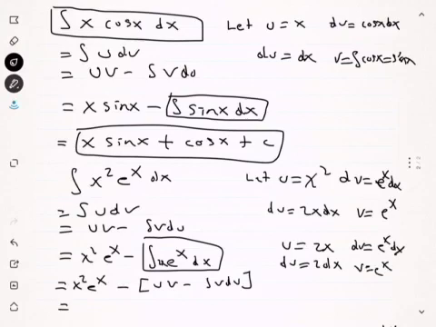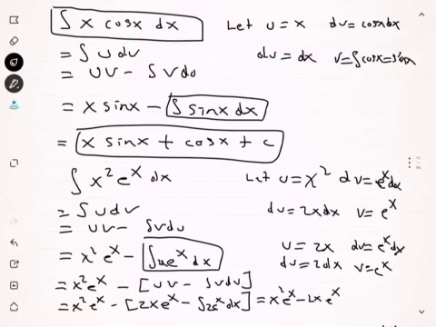So then this will be equal to x squared times e to the x minus u, which is 2x, times v, which is e to the x, minus the integral of e to the x times 2 dx, and then integrating that, finally we get x squared times e to the x minus 2x e to the x plus 2 e to the x plus c. So this is called integration by parts twice.